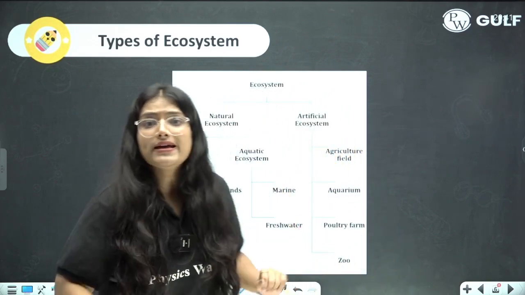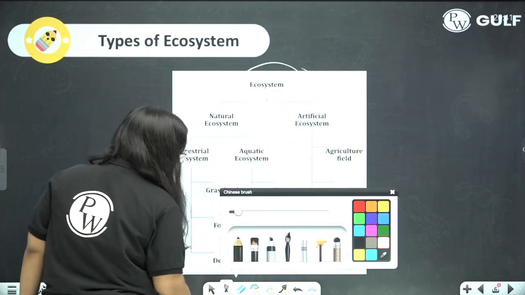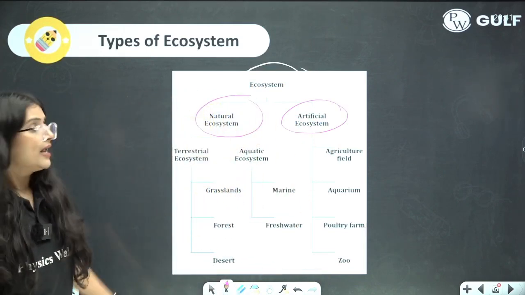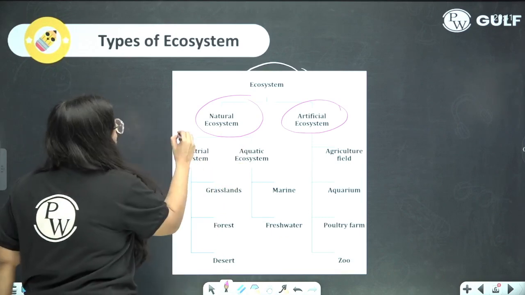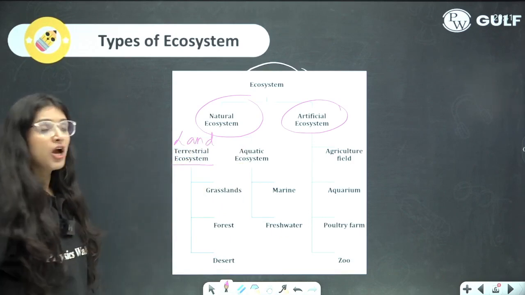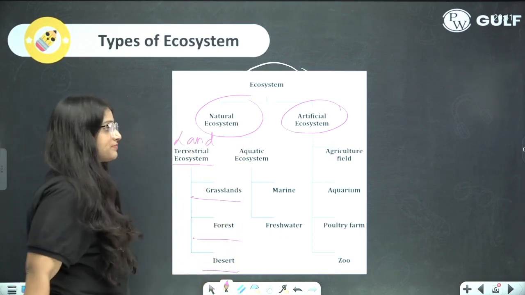On that basis, we have categorized the ecosystem into the natural ecosystem and the artificial ecosystem. The natural ecosystem can further be categorized, like the land ecosystem, known as terrestrial ecosystem, which consists of grasslands, forests, desert.